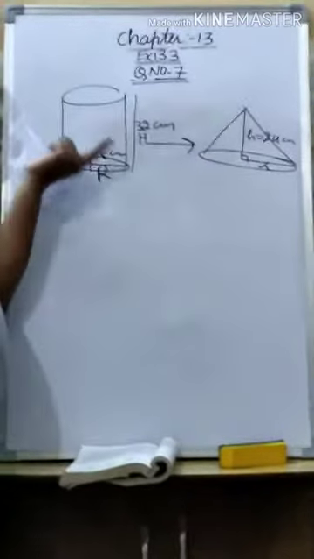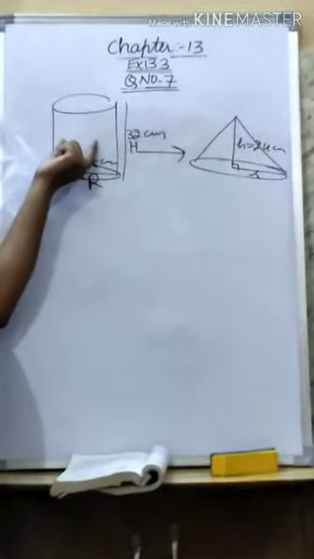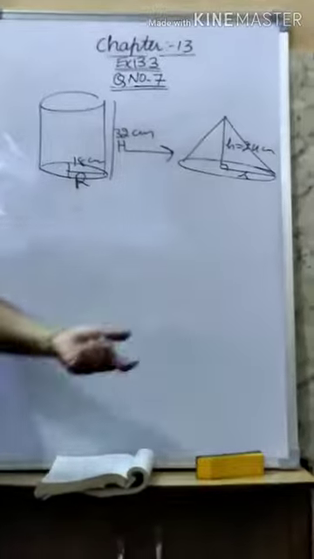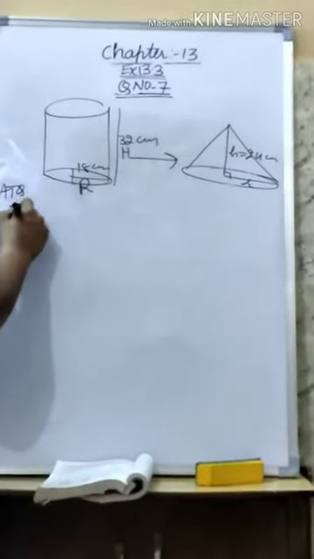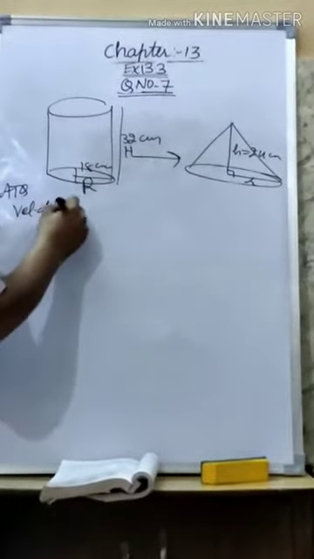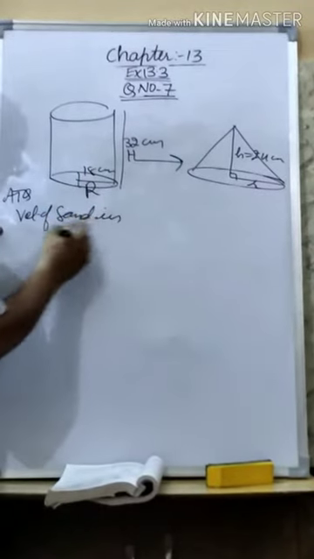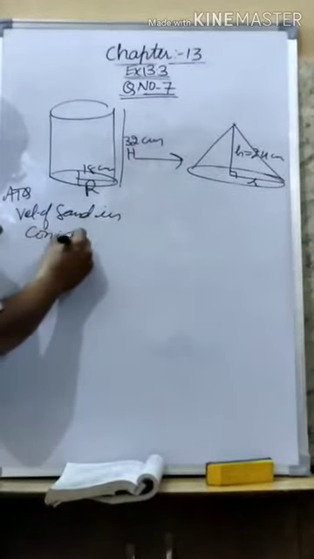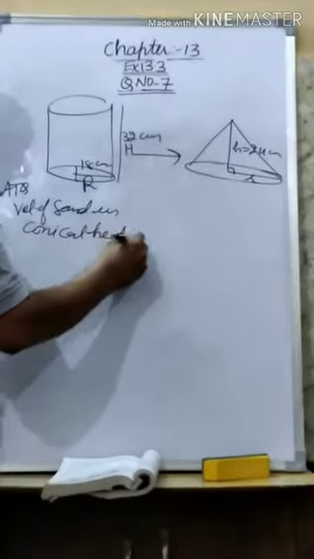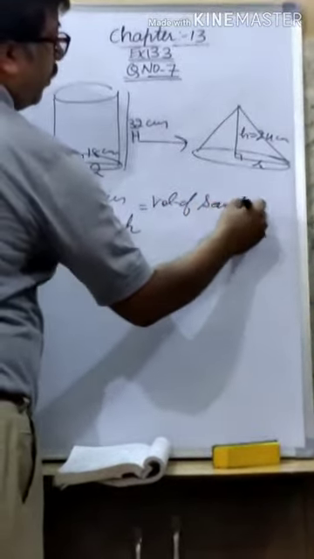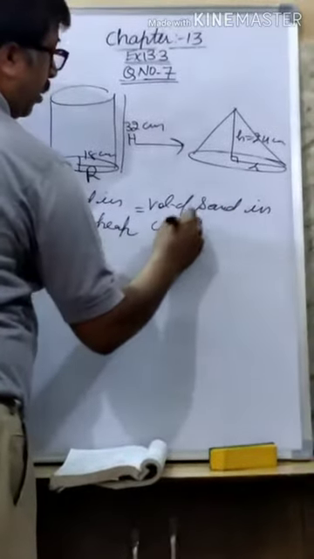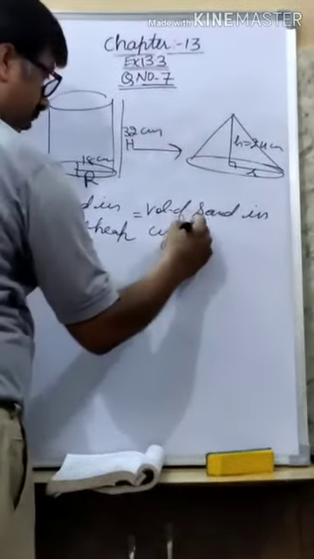So it means the volume of sand in cylindrical shape is equal to the volume of sand in this conical heap; it remains the same. So my dear friends, according to the question, the volume of sand in the conical heap is equal to the volume of sand in the cylindrical bucket.